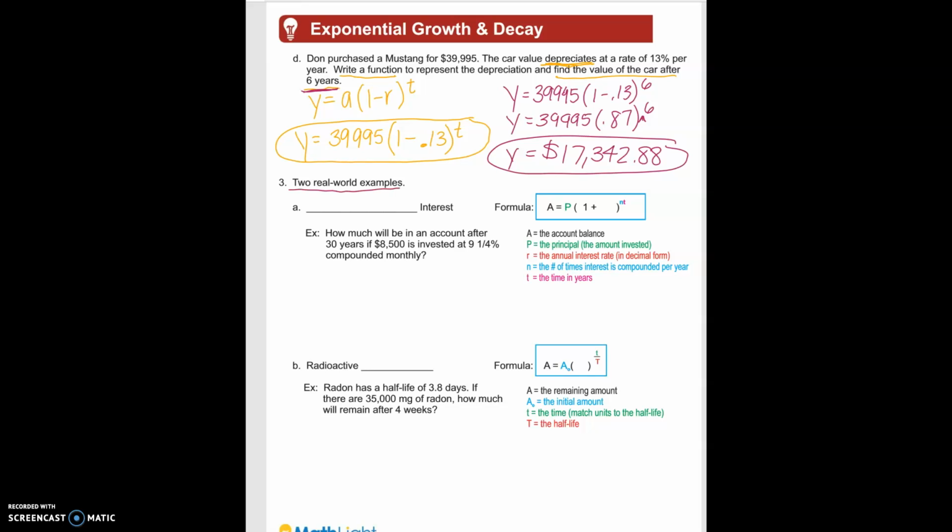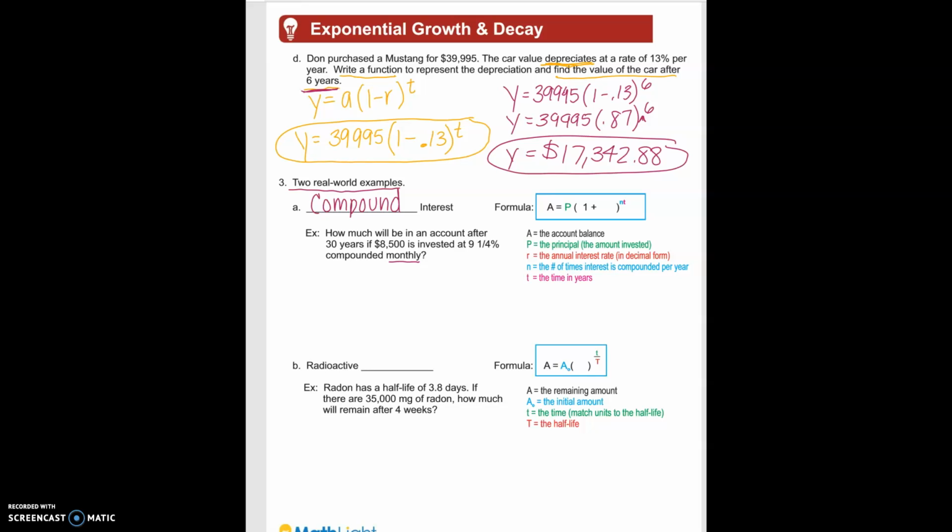All right, we have 2 more real-world examples we're going to talk about, and our first one is going to be compound interest. So this one says, how much will be in an account after 30 years if $8,500 is invested at 9.25% compounded monthly? Now that's a lot of details, but there's actually a really nice formula to work with here.